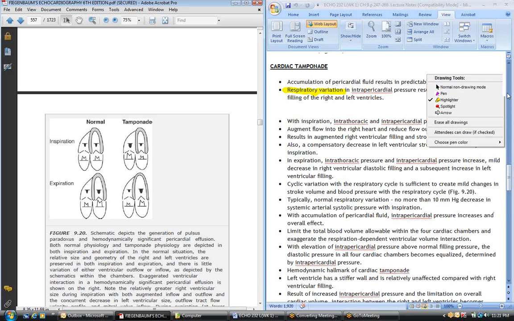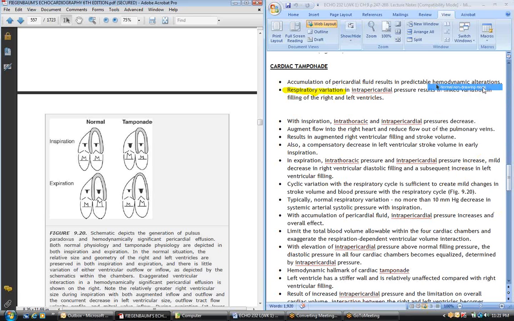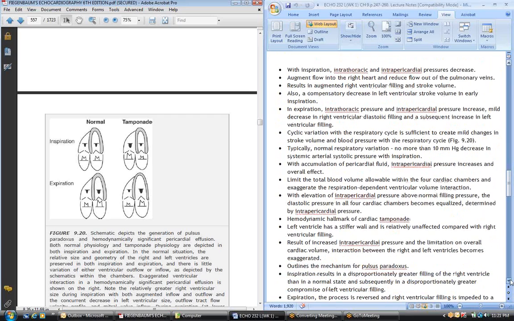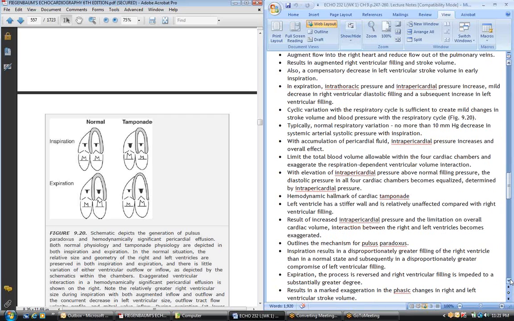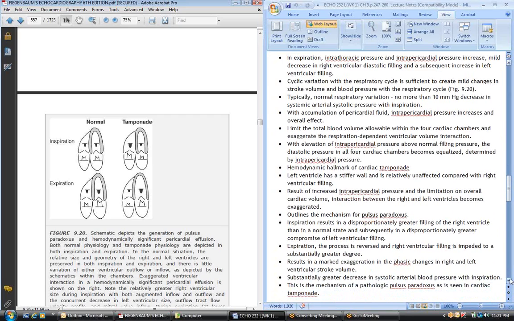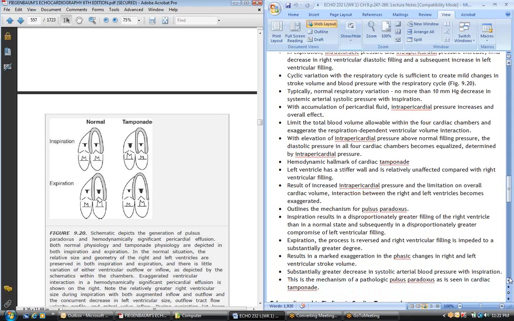The left ventricle has a stiffer wall and is relatively unaffected compared with the right ventricle. The result of increased interpericardial pressure and the limitation on overall cardiac volume, any interaction between the right and left ventricle becomes exaggerated. It outlines the mechanism for pulsus paradoxus.